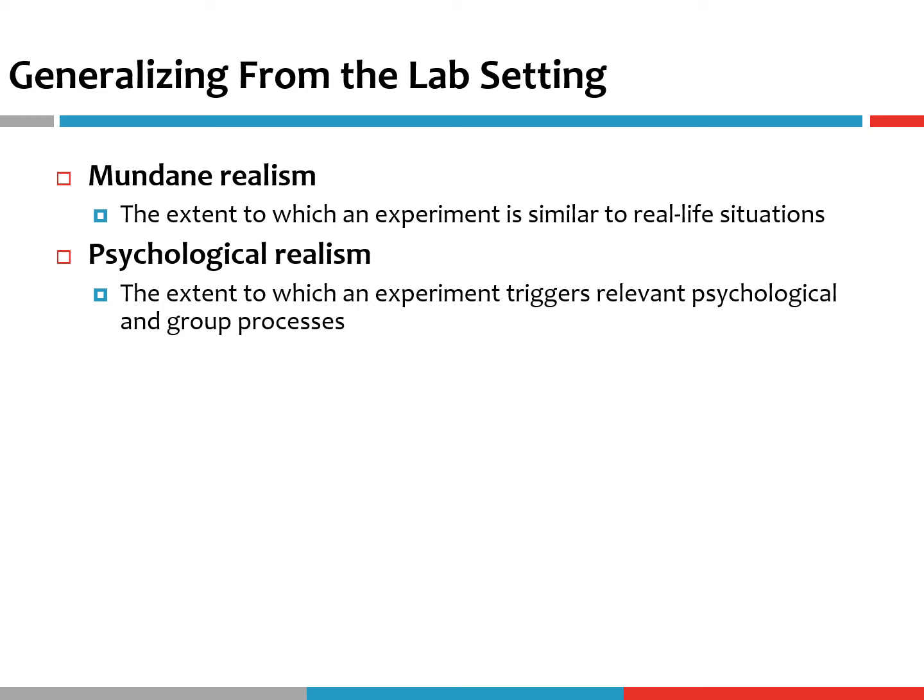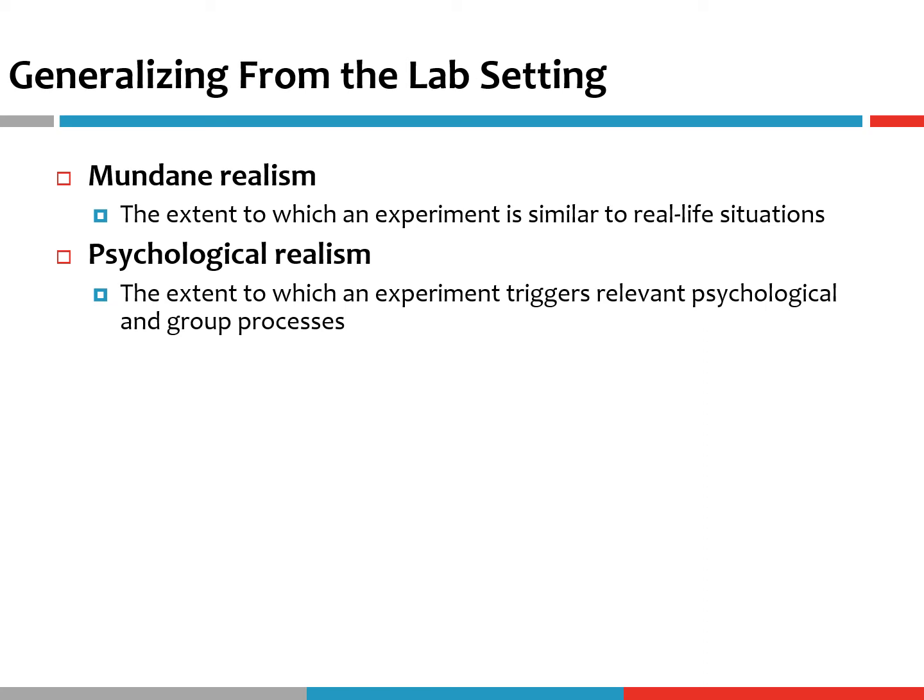So one of the arguments that proponents of experiments done in lab settings make is that even though we are in this artificial lab setting, we can still have a realistic experiment, provided that whatever task we use or whatever conditions we select are going to trigger the same psychological processes and group dynamics that happen in the real world, right?